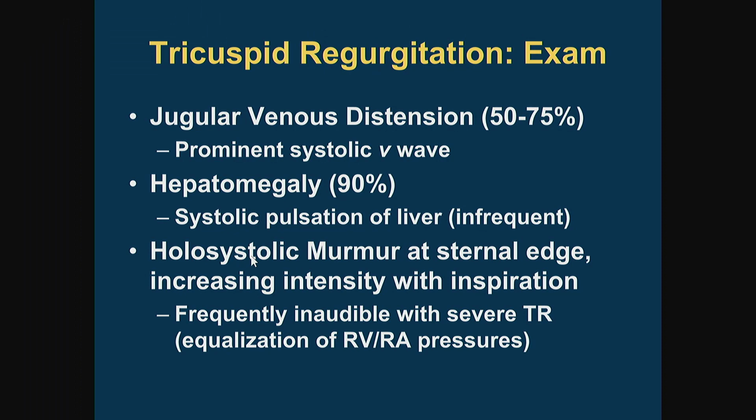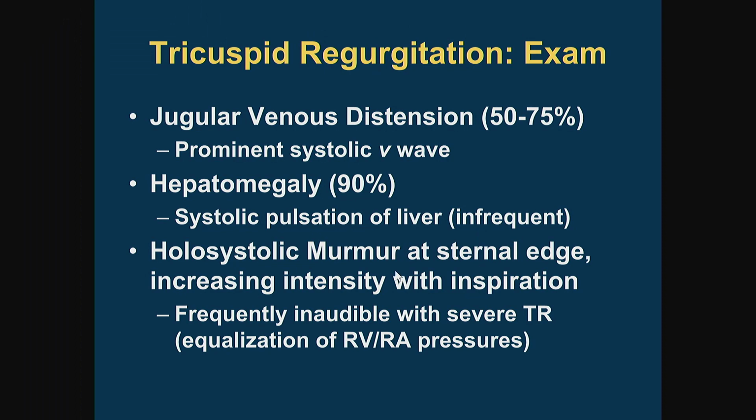And classically, these patients have a pulsatile liver, that is, the regurgitant flow is palpable on hepatic exam as a systolic pulsation, but in truth, this is relatively infrequent and it's not a very sensitive sign for tricuspid regurgitation.